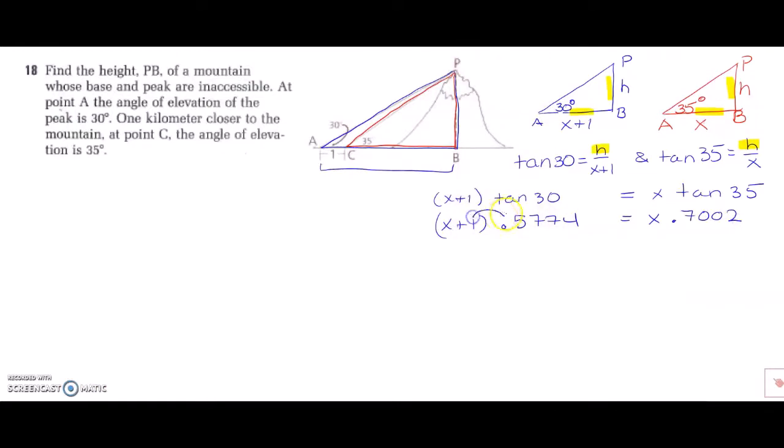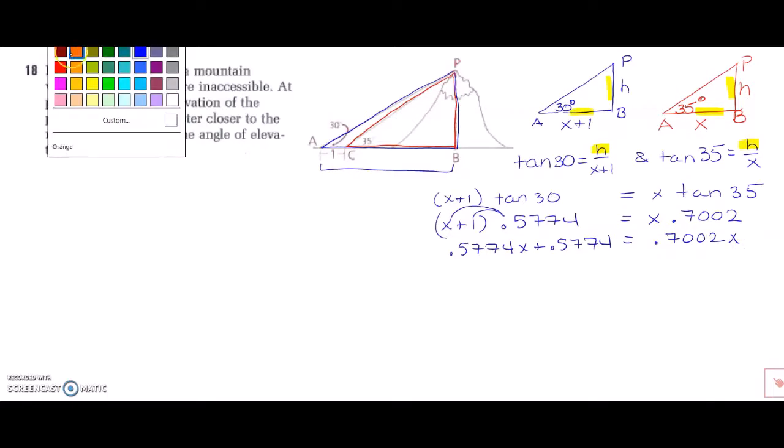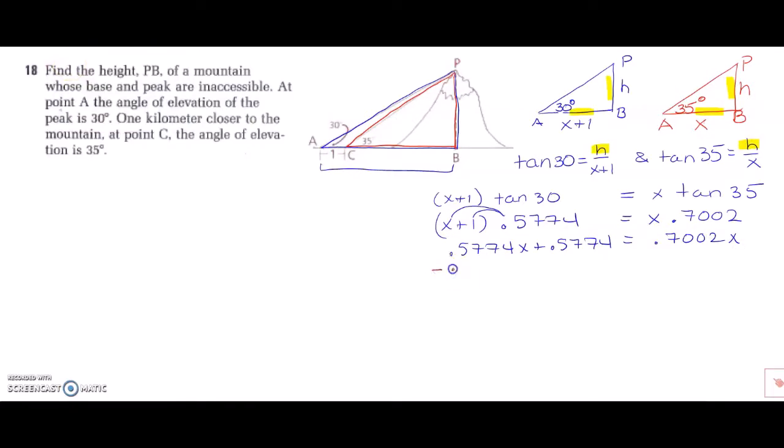Now this looks a little weird, but I'm going to distribute that. 0.5774x plus 0.5774 is equal to 0.7002x. Then I am going to move all of my x's over to one side of the equation.